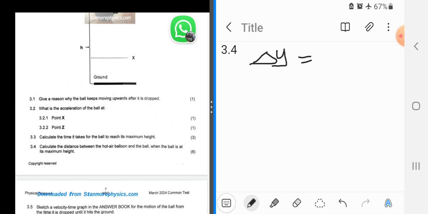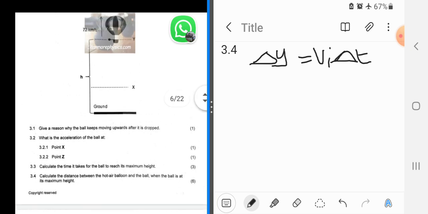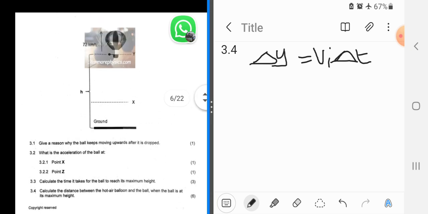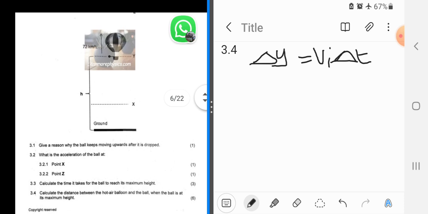So just look for where you have displacement in your formula sheet. We have: calculate the distance between the hot air balloon and the ball when the ball is at its maximum height. So there is a displacement between the hot air balloon and the ball when it's at its maximum height.